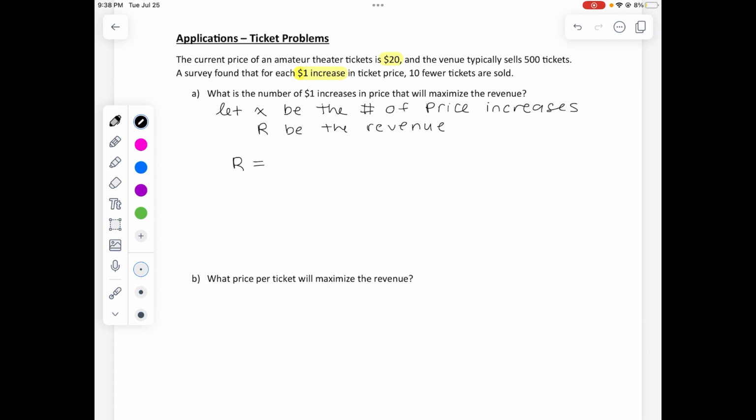So in my first bracket that represents price, I'm going to have 20 plus, you can write 1 if you want to, but I'm just going to write X, because again, X is representing the number of price increases, and my price increase each time is worth $1.